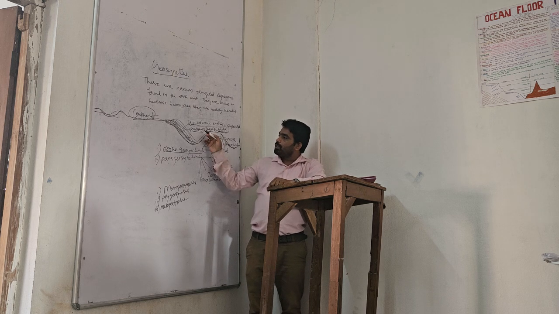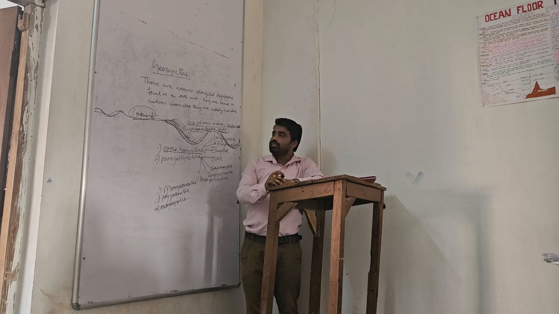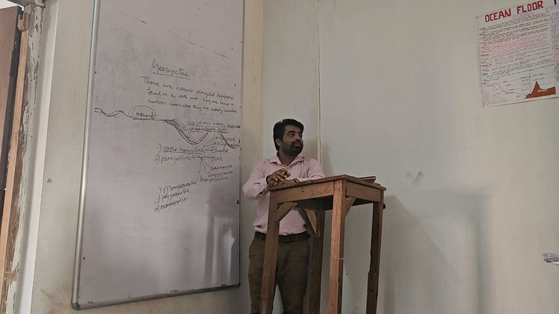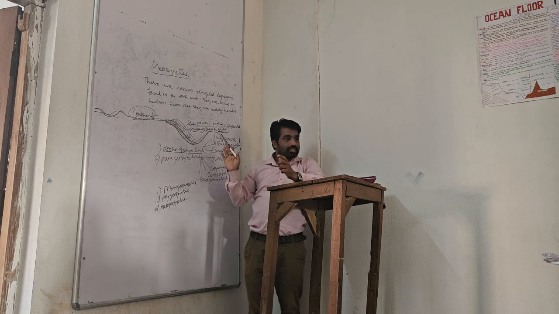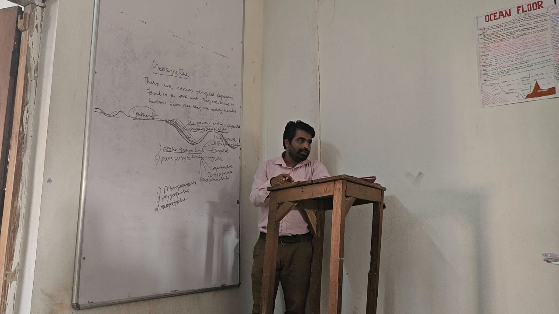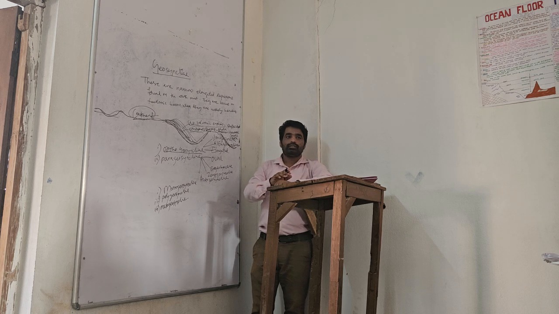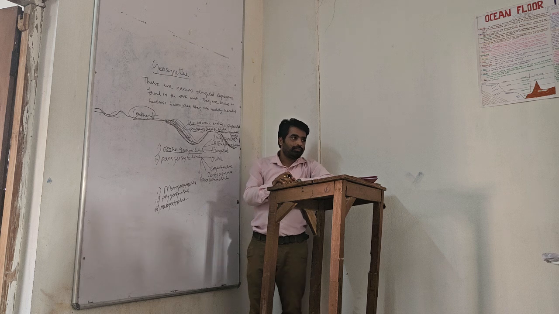And if we talk about eugeosyncline, then it is located away from the continental margin, or at some distance from the continental margin. And this is characterized by the deposition of graywacke, chert and slate type of rock deposits.